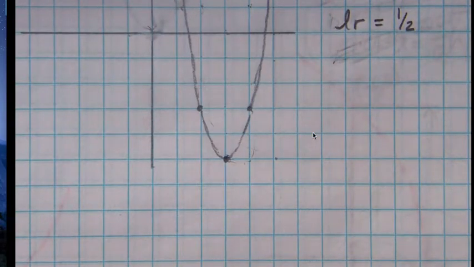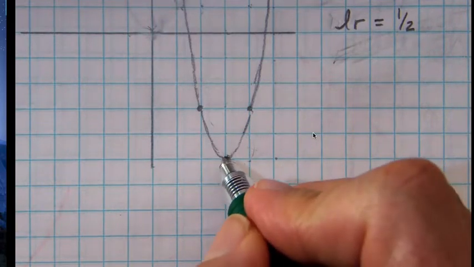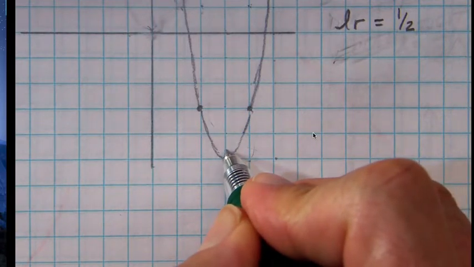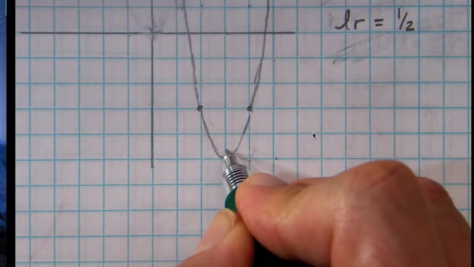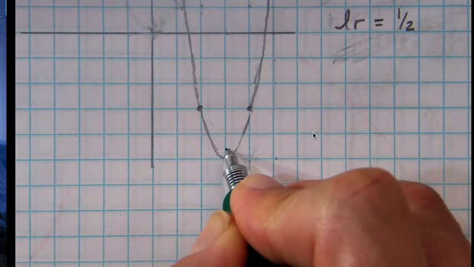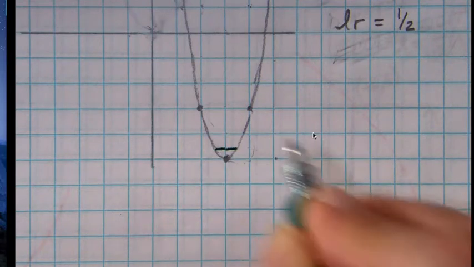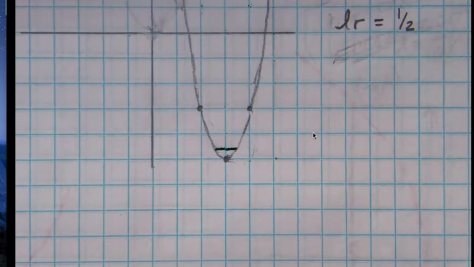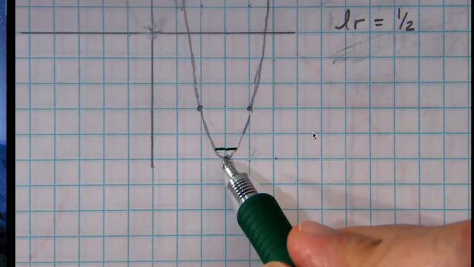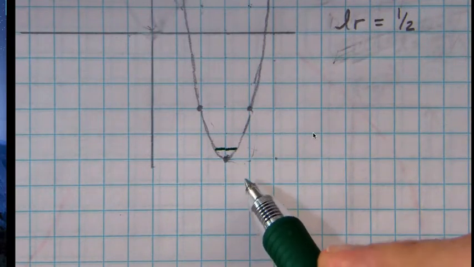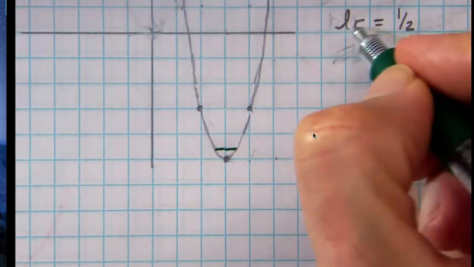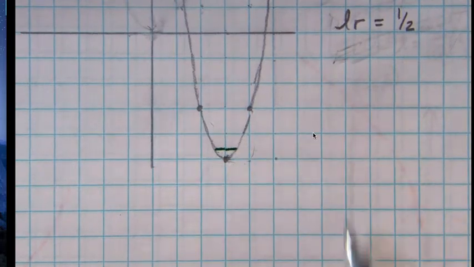And so somewhere here is the focal point, and I'll just estimate it right about there. If we go over 1/4 of a unit this way and 1/4 of a unit that way, that's going to be our focal chord. Now again, I can't really get it any closer than that. But so I've got a 1/2 unit focal chord.